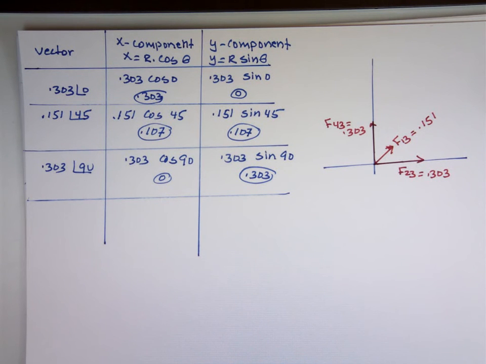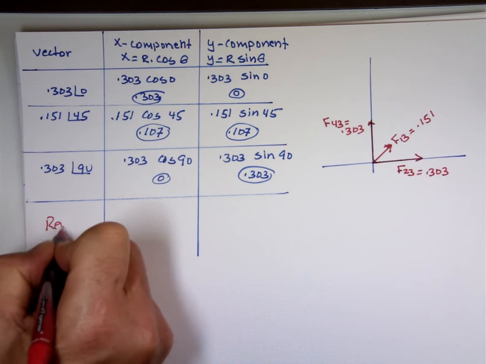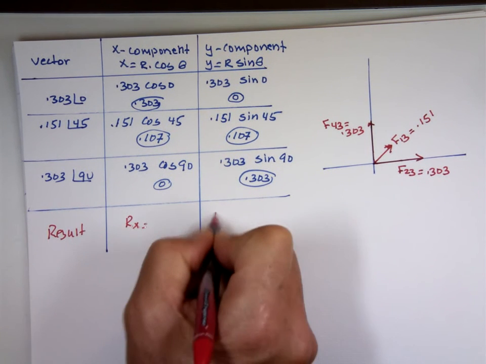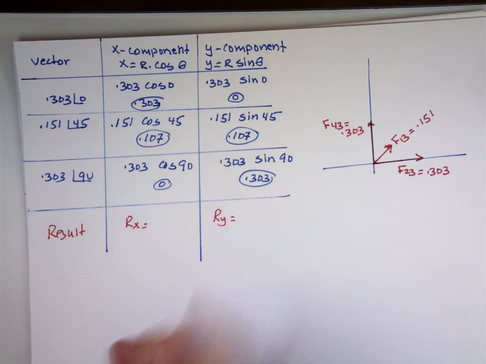Now the result. I want to get the result in the x direction, and I want to get the result in the y direction. 0.410.